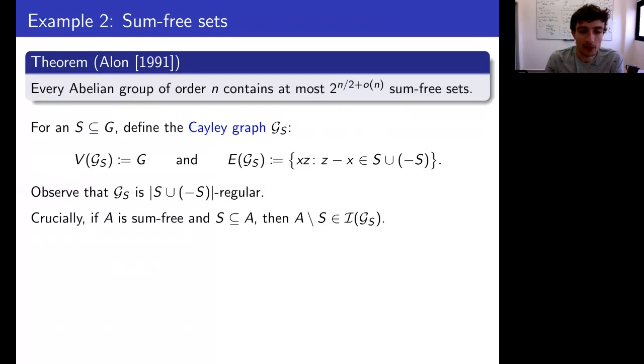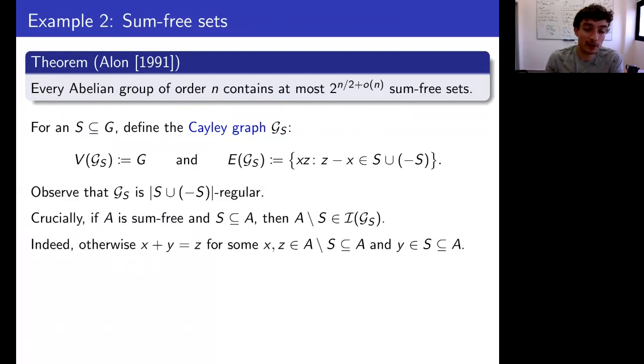How do we see it? Suppose that the set was not independent, so we have some X and Z in A minus S, which are joined by an edge, which means the difference between Z and X, or X and Z, is an element of S or minus S. And you can convince yourself, after rearranging this summation, that it means we have some element Y such that X plus Y is equal to Z. X and Z are from A minus S, so they're in particular from A, and Y is from S, but S was a subset of elements of A, so we have a violation of the sum-free condition.